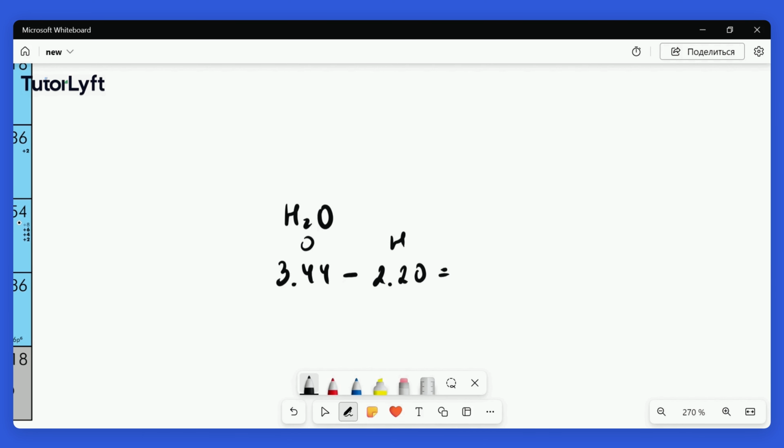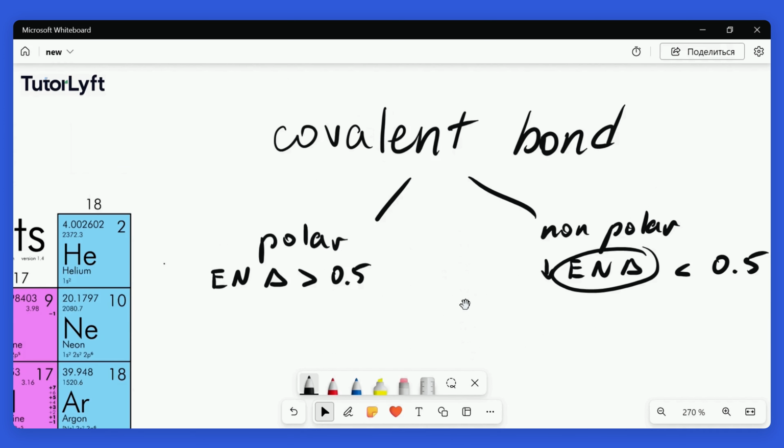That gives us 1.24, if I calculated this correctly. Let me know if not. So this is going to be the difference. Is it bigger than 0.5? Yes, it is. If it's bigger than 0.5, let's go back to the rule. Is it polar? Yes, it is. So one of the examples of a polar compound is hydrogen and oxygen.